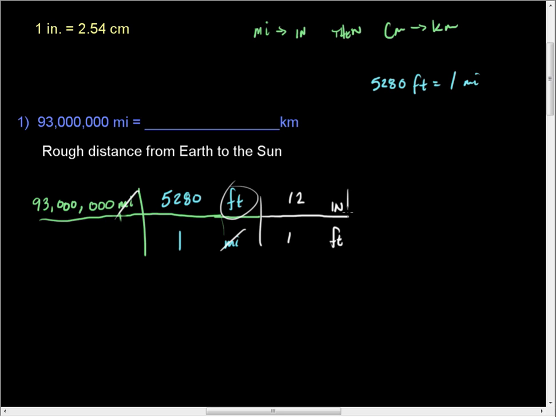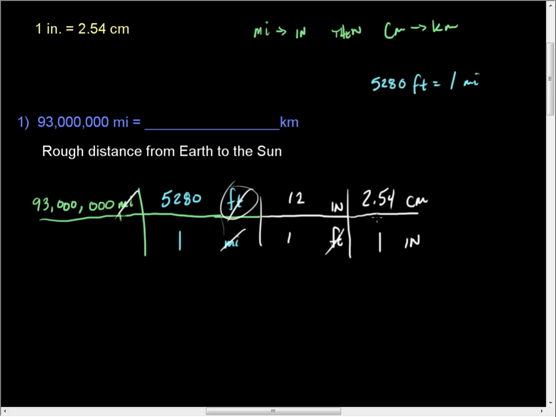Now that I'm in inches, I can convert inches into centimeters. And so my feet cancel. I'm in inches. Inches goes on the bottom, centimeters goes on the top. 1 inch is 2.54 centimeters. So now I get centimeters, and this is going to be a two-step process. I'm converting from standard to metric. I'll work the metric system later.